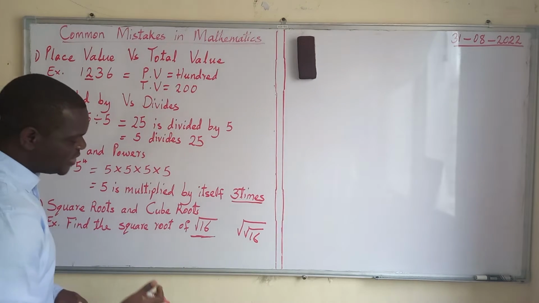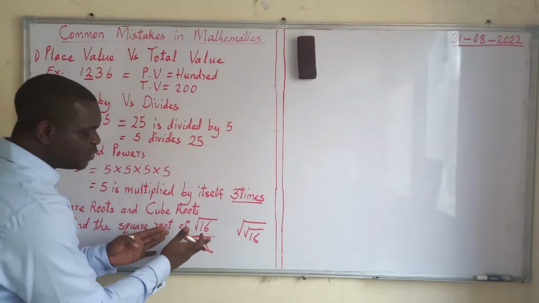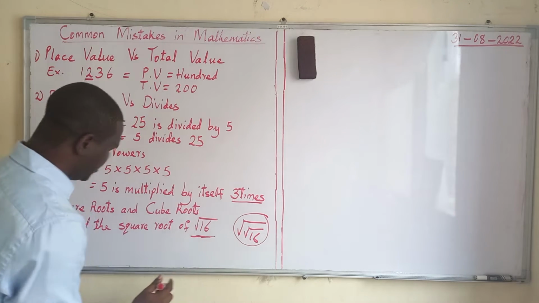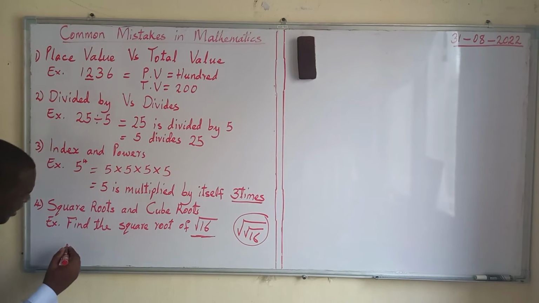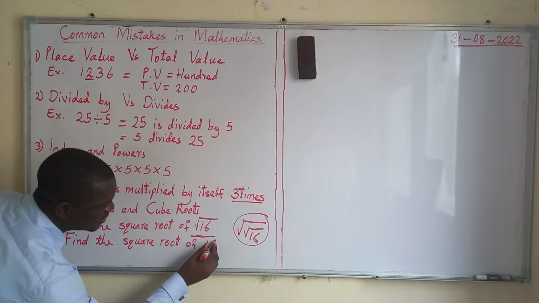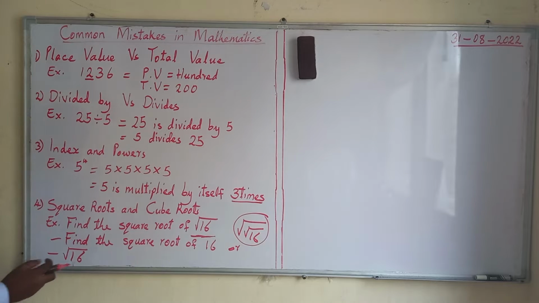But many times, when a teacher gives a question as such, he's simply asking for the square root of 16, not this. So to avoid this confusion, it is better to say, find the square root of 16 or square root of 16. Either you use this or this, and not both in one place.